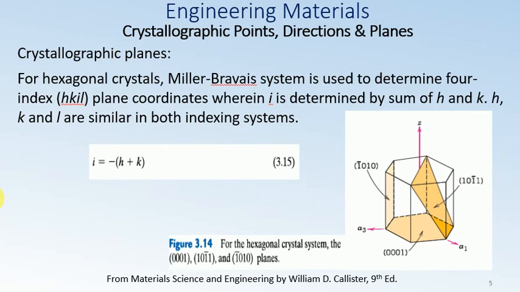So you determine this extra i plane coordinate for hexagonal crystallographic plane systems with the help of relation 3.15, with respect to this Miller-Bravais system of four indices or four coordinates.